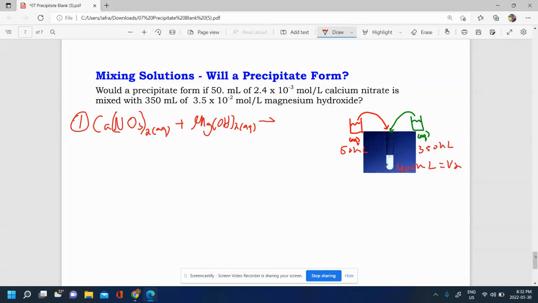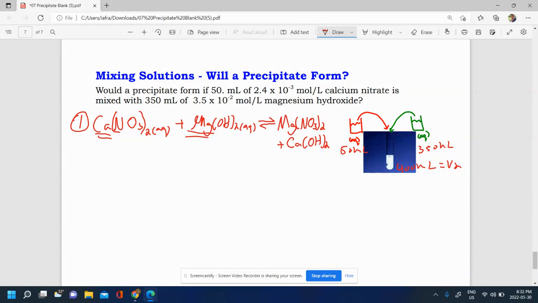And they're doing a double displacement reaction. So the calcium goes where the magnesium is, and the magnesium goes where the calcium is. And so we'll get magnesium nitrate plus calcium hydroxide.